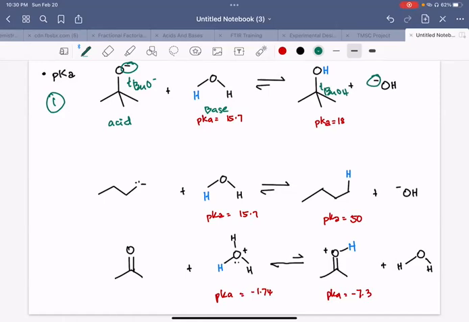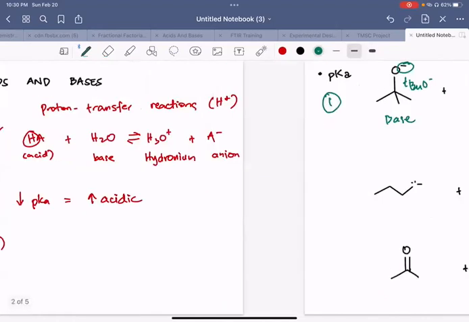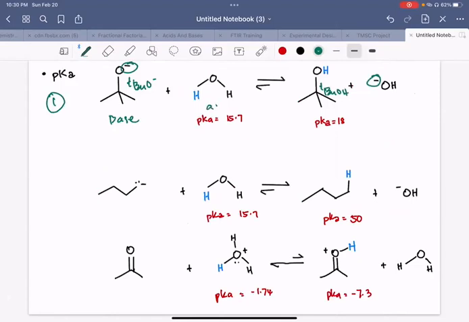Okay, so going back, you have an acid here, which is a tertiary. No, that's not the acid, of course. Sorry, this should be the base, not the acid. So the tertiary butoxide is the base, and water acts as the acid.